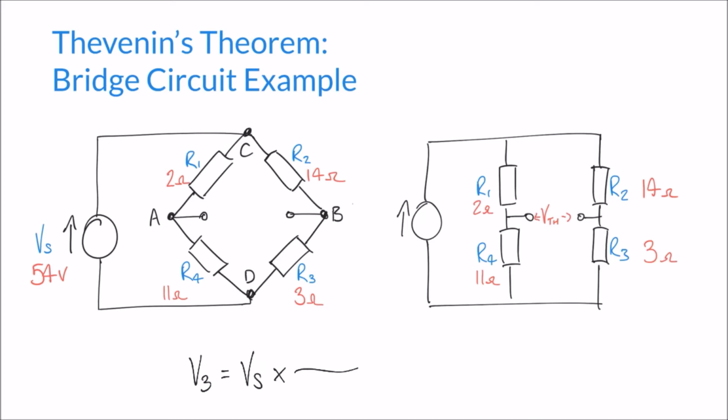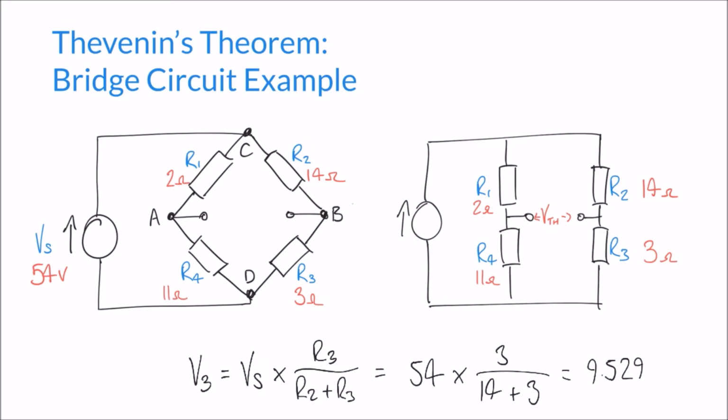We've got R3 on the top, R2 plus R3 on the bottom, which is the same as saying 54, our supply voltage, multiplied by 3 over 14 plus 3. That comes out with a result of 9.529 volts.